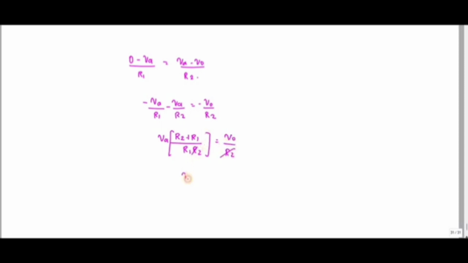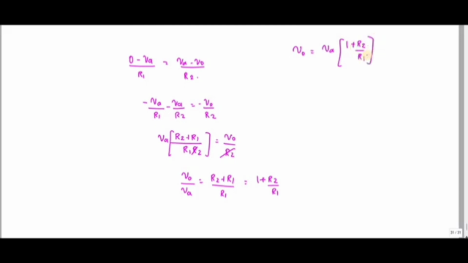So what is V0 by VA? V0 by VA is equal to R2 plus R1 divided by R1, which is nothing but 1 plus R2 by R1. So we know that V0 is equal to VA into 1 plus R2 by R1.